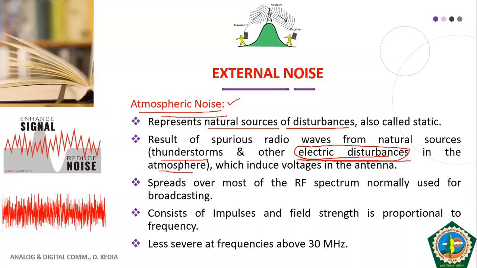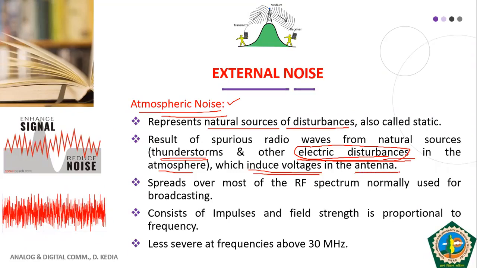So if you look into the natural sources of disturbances, I have considered those sources which have the possibility of introducing electrical noise through the atmosphere. You can very well see that thunderstorms are a source of electric disturbances, and there are other sources in the atmosphere which cause electrical noise. These sources of external noise induce voltages in the antenna.